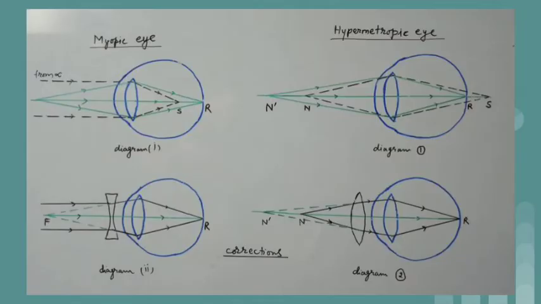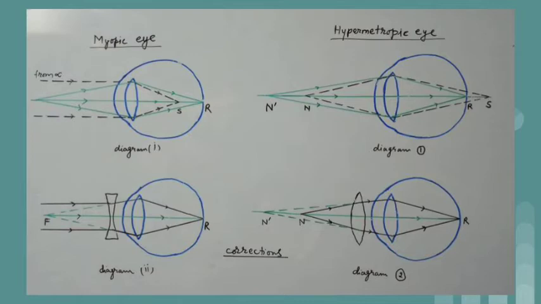In myopia or short-sightedness, the eye could see clearly the objects lying near it, but cannot see distinctly the far off objects. The far point shifts towards the eye. It is no longer infinity.